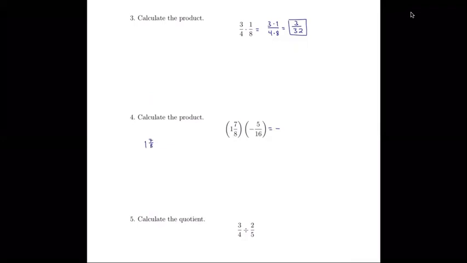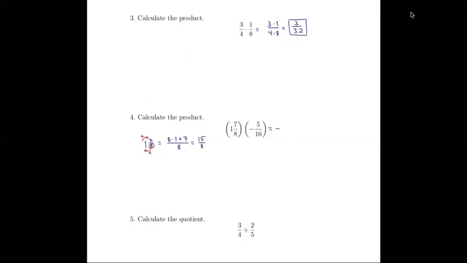In order to do that, we take 8 times 1 and then add that to 7. So that will give us 8 times 1 plus 7, and then we put it all over 8. So it's the denominator times the whole number, plus the numerator, all divided by the denominator. Okay, a little bit of practice and that should come back to you pretty quickly. But 8 times 1 is 8, plus 7 is 15 over 8.